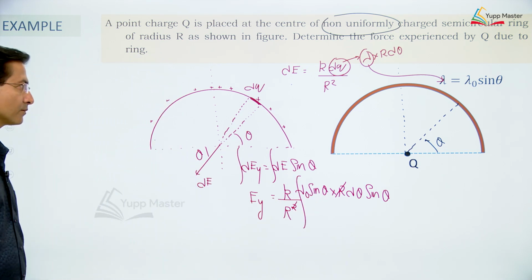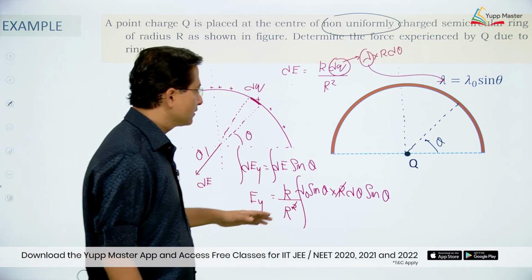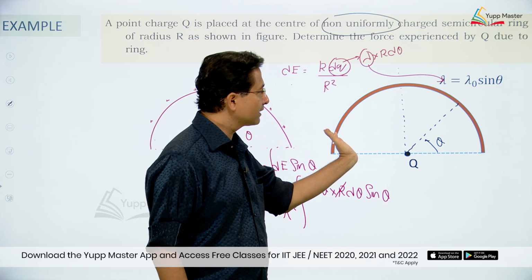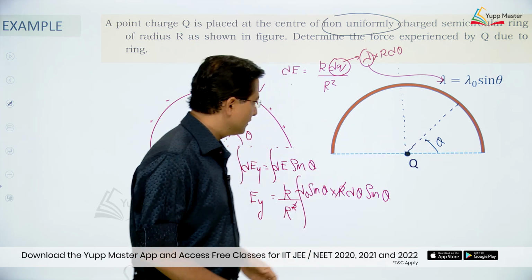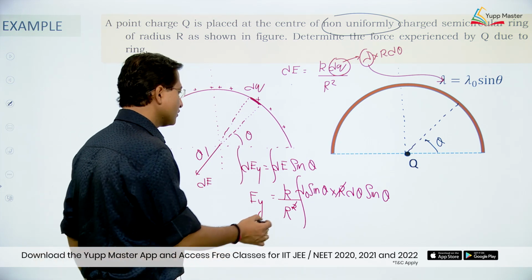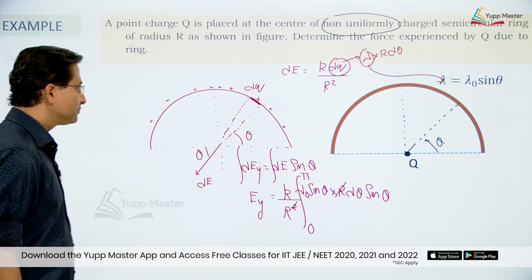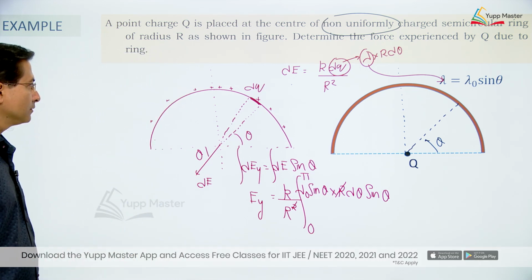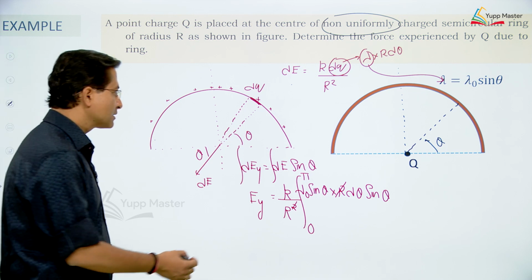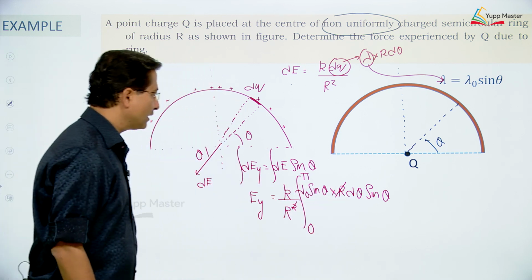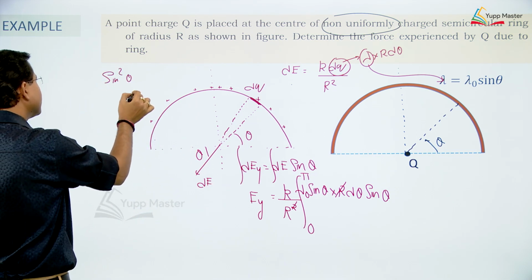Limit: to get the whole ring you have to integrate from 0 to pi. In the integration it is coming sin square theta d theta.